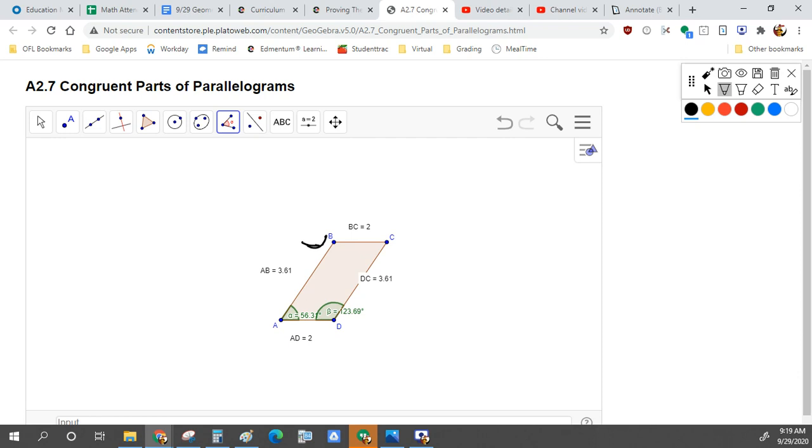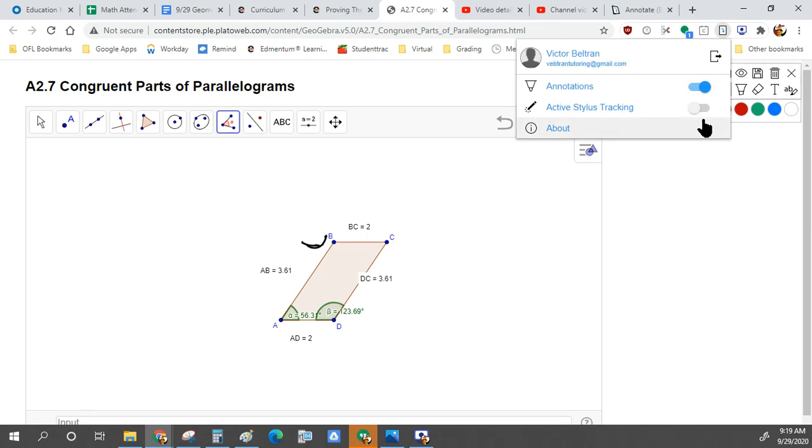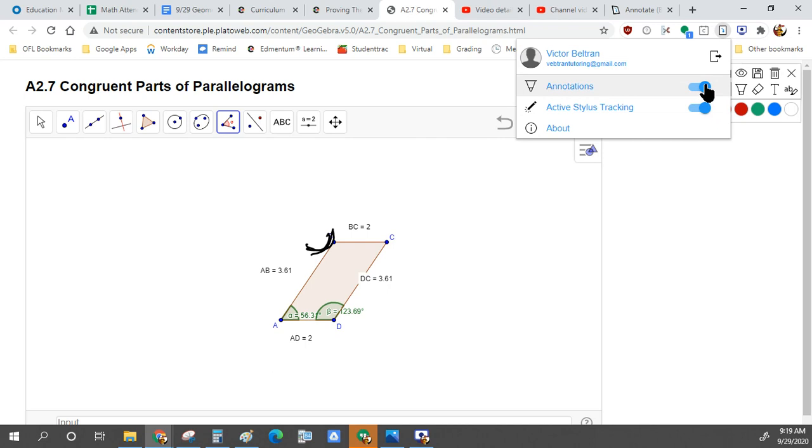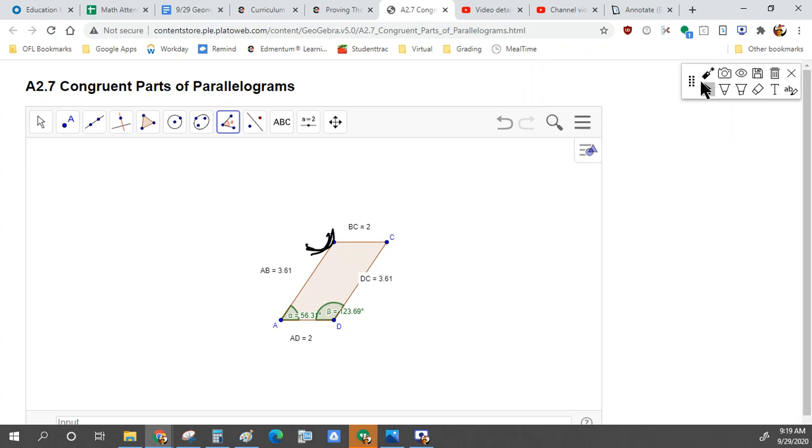Wow, this is totally off. I need to recalibrate. I didn't even know I could decalibrate. Turn this off and turn it back on. Maybe that'll help. Okay. It looks like it's working now.